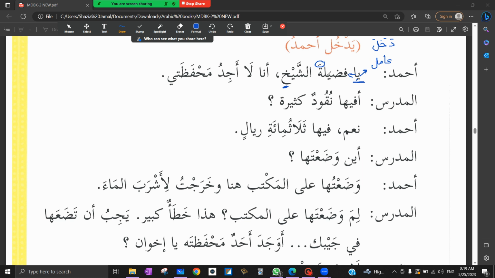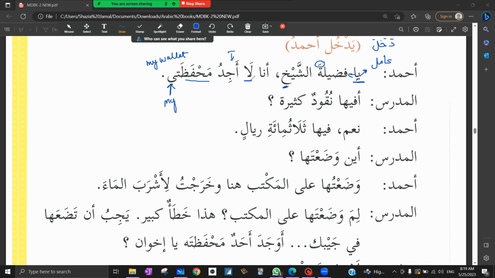So, Ya Fadilat al-Shaykh, ana la ajidu mahfazati. Mahfazati means my wallet. And what is this ya here? It is for mutakallim, my. This is the damir. Mahfaza means wallet. Ajidu is a present tense verb, meaning I cannot find.